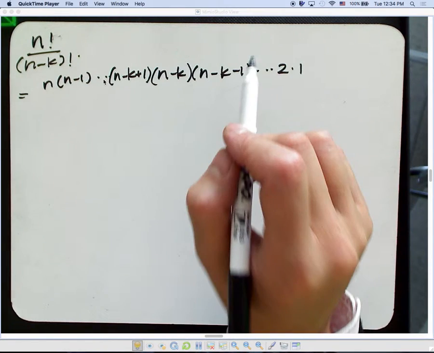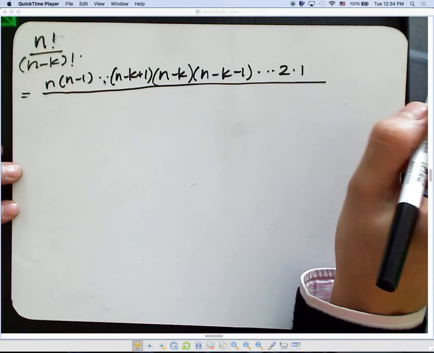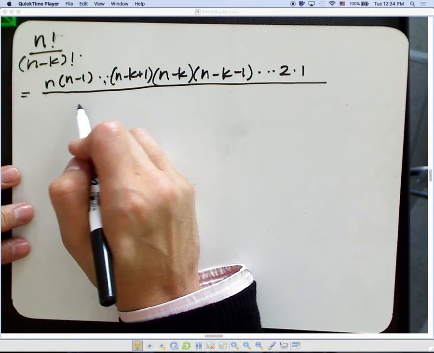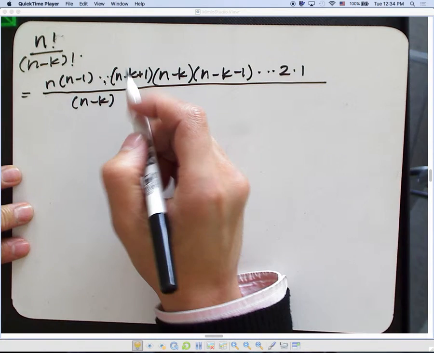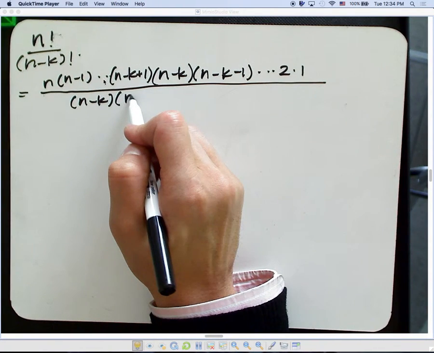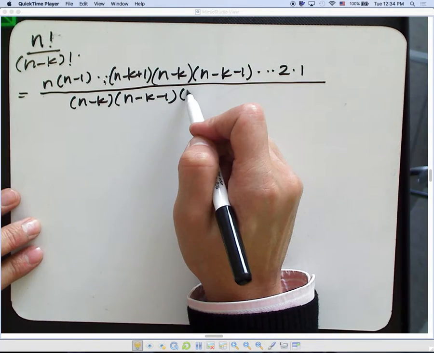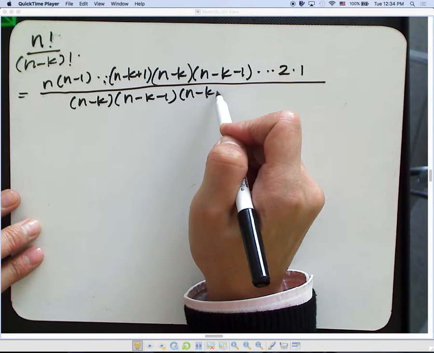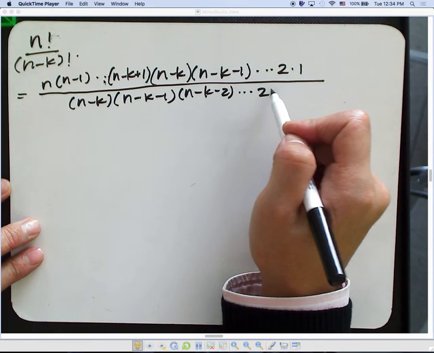Now that is divided by n minus k factorial. You start with n minus k, then multiply by 1 less, then 2 less, and so on, and at the end you get 2 times 1.